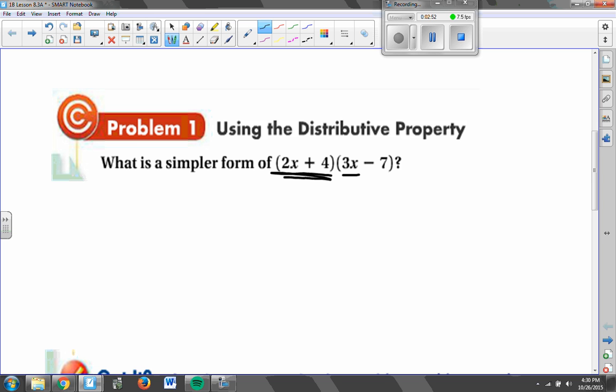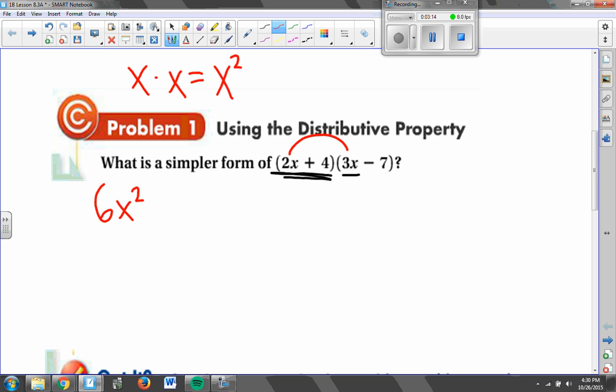If I take 2x and I multiply it by 3x, 2x times 3x, 2 times 3 is 6, x times x, that's x squared. Please be careful about that, x times x always equals x squared, not 2x.